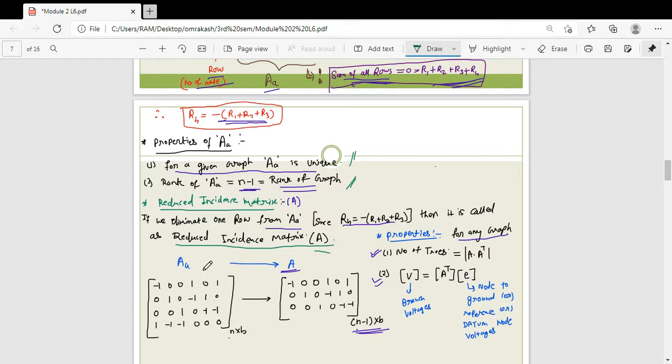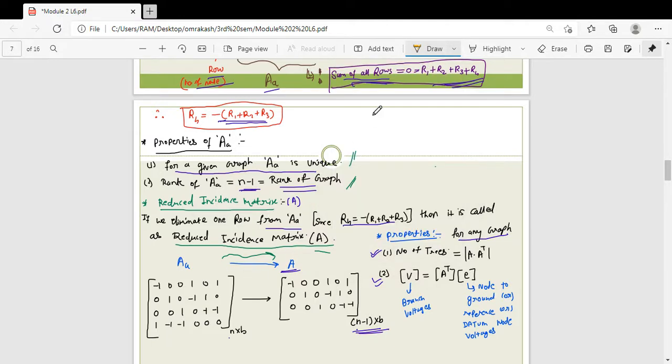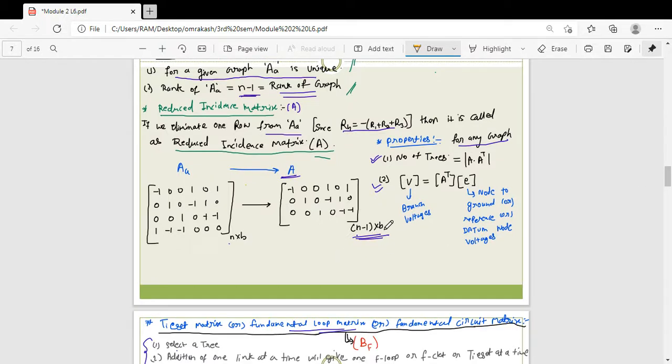So you have to convert this AA into A. Now see here, you have to simply remove the fourth row and rewrite the whole matrix. You can call that the reduced incident matrix. Here you are reducing one row, so the order of your matrix is n minus 1 into B.